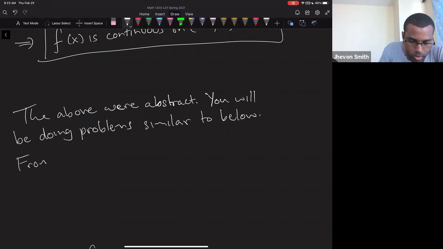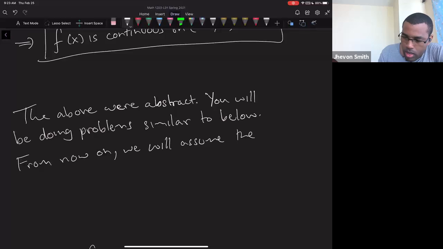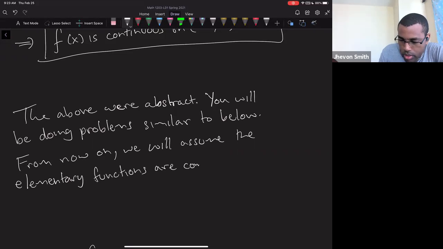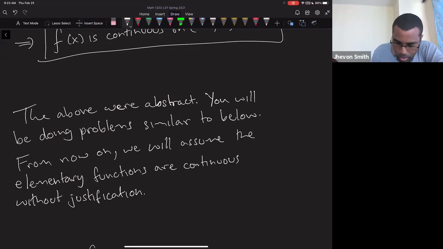From now on, we will assume the elementary functions are continuous without justification. Okay. So you're allowed to do that now. From now on, you're allowed to do this.